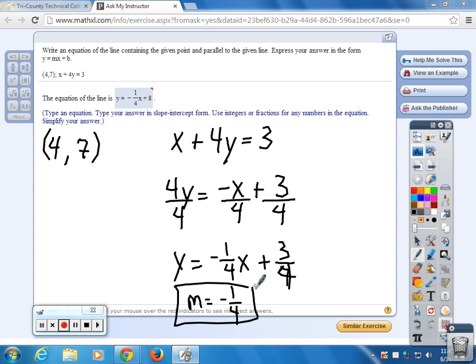Yeah, the slope would be a negative, which means left to right down, and then 1 up, 4 over, 1 down, 4 over. Okay, since 3/4 is the y-intercept, it's going to be a mess because it's a fraction. But you wouldn't do like 3 up, 4 over?